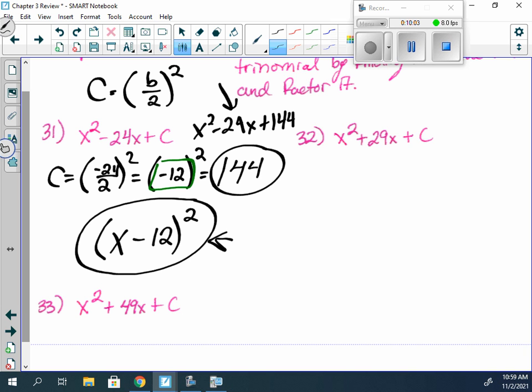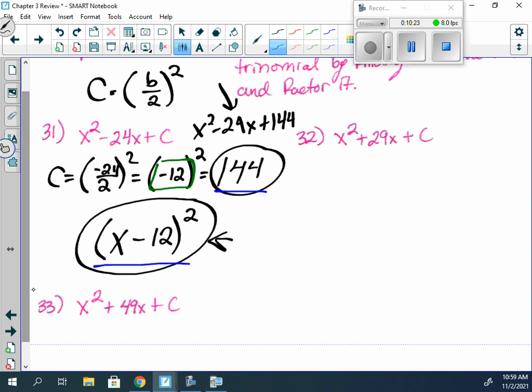If you just write the set of parentheses squared and don't include anything else, I will take off points for not finding the exact value of c. Does that make sense? So even if you did this all in the calculator, I'm looking for these two pieces. If you have both of those, you'll get credit.